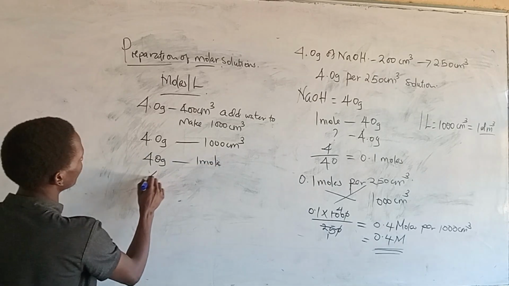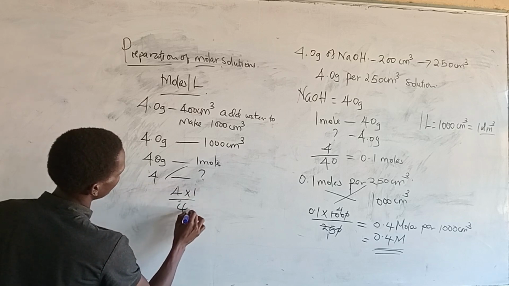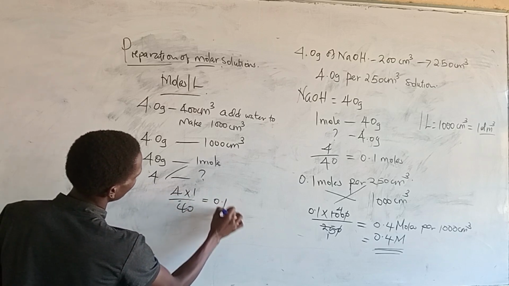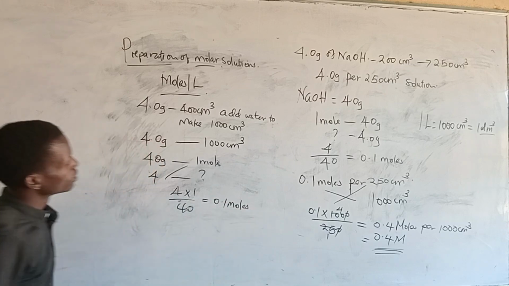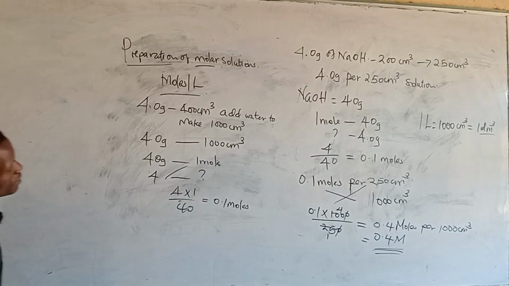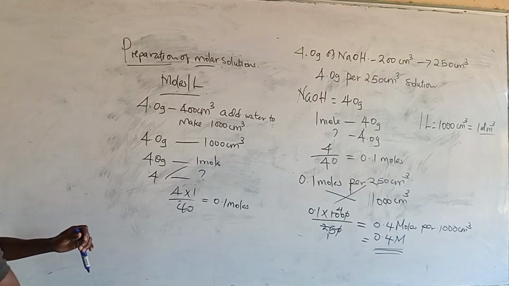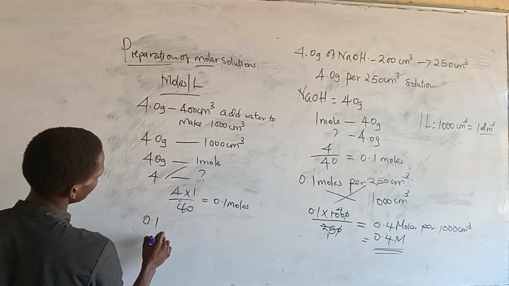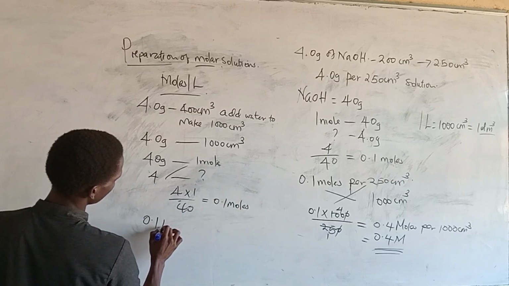So what about 4 grams? It will be 4 times 1 divided by 40, which is equivalent to 0.1 moles. So our concentration here will be 0.1 moles per liter, which is 0.1 M.